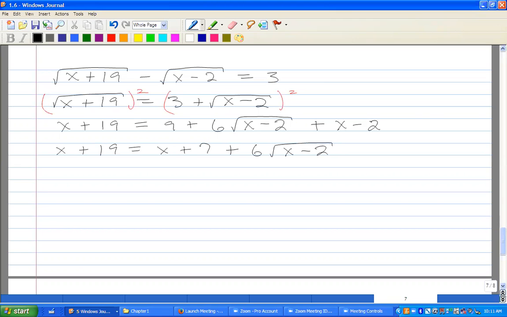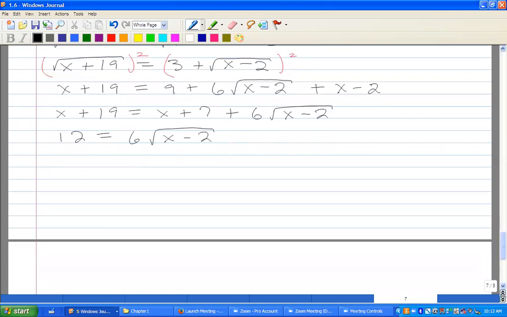Subtract x, subtract 7 from both sides of my equation. So 12 is equal to 6 radical x minus 2. Divide both sides of my equation by 6. So radical x minus 2 is equal to 2.